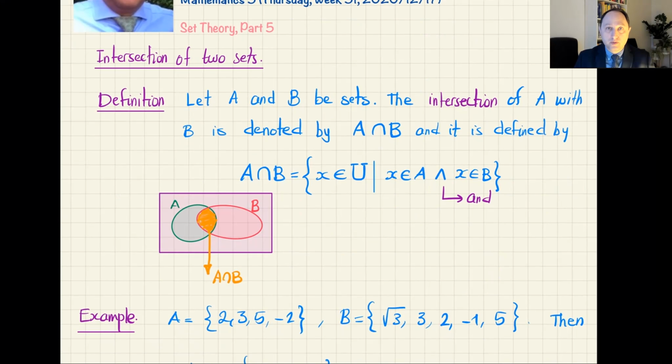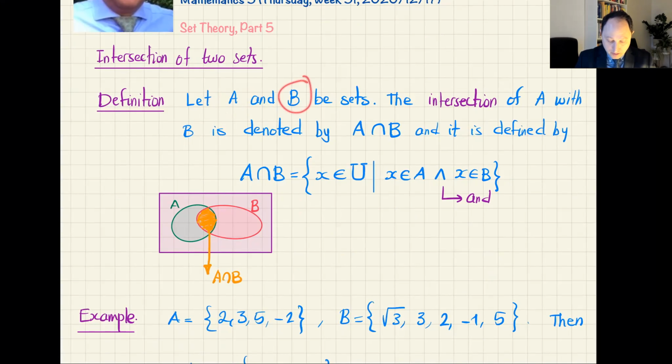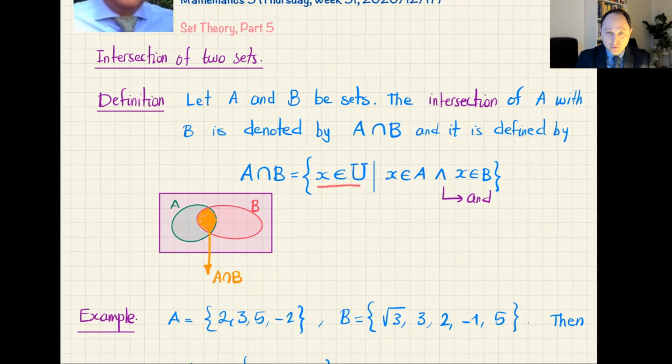So these are the notes from the previous lecture. The definition of the intersection of two sets A and B is denoted by this symbol, first of all. A intersection B is defined to be the set of all members of the universal set such that x belongs to both sets simultaneously.